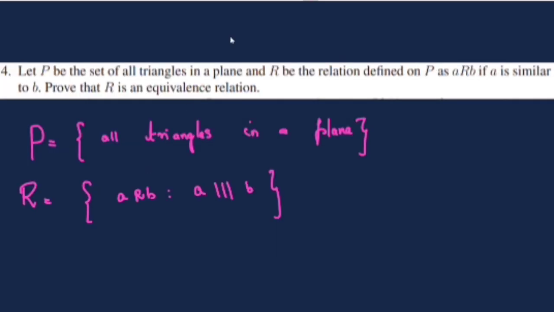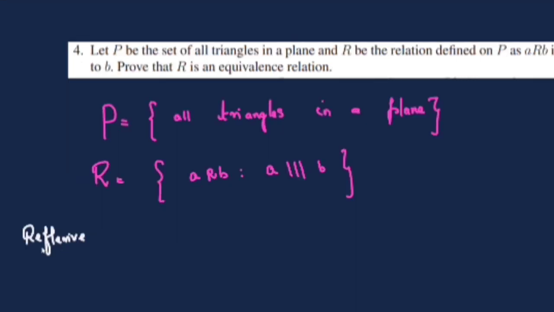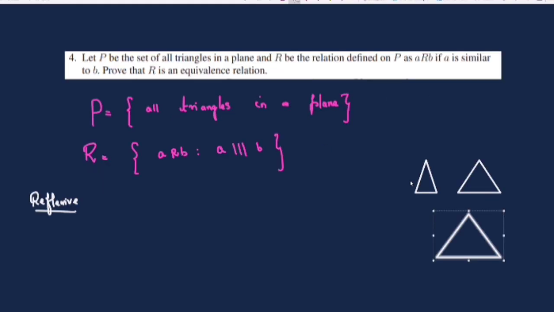Is it reflexive? How do you check whether it is reflexive? Reflexive means you have to check with the same triangles. Now if I name this as A, this as B, and this as C, is A similar to A? A triangle is similar to itself. You have learned that? Yes. A is related to A because A is similar to A itself.